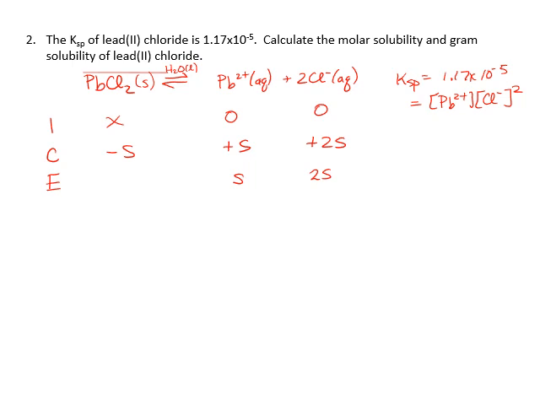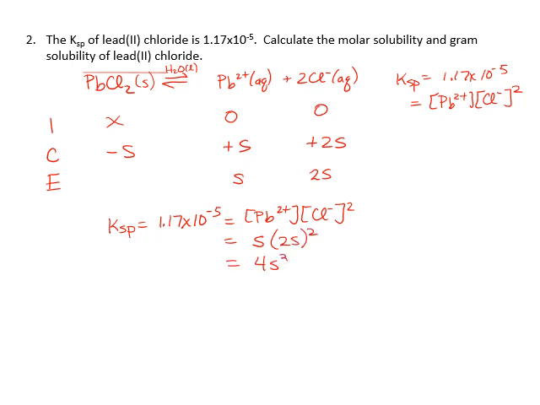To solve for S, we need to use the Ksp expression. Substituting in our values from our ICE table, we have S times 2S squared, which is 4S cubed, should be equal to 1.17 times 10 to the minus 5.